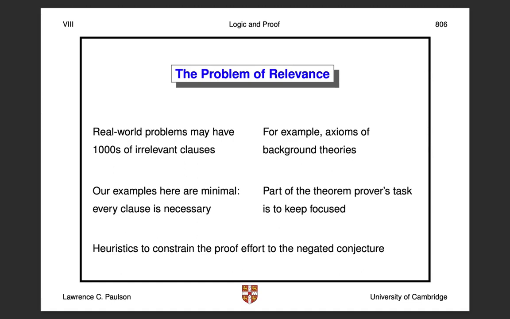This turns out to be still a big and important problem. And as we apply resolution theorem proving to more and more real-world problems, the issue of dealing with very, very large sets of clauses becomes more pressing.